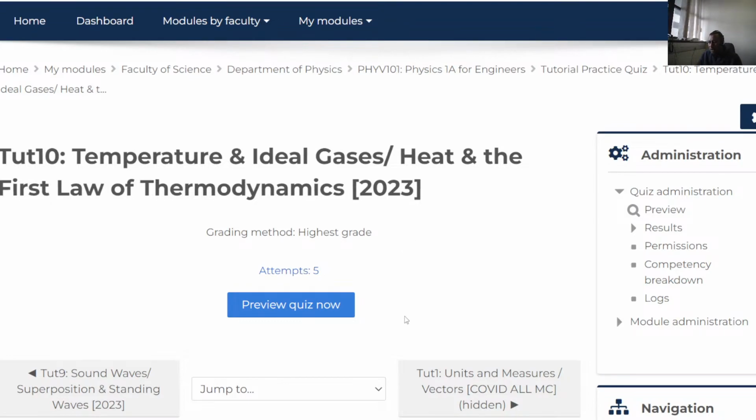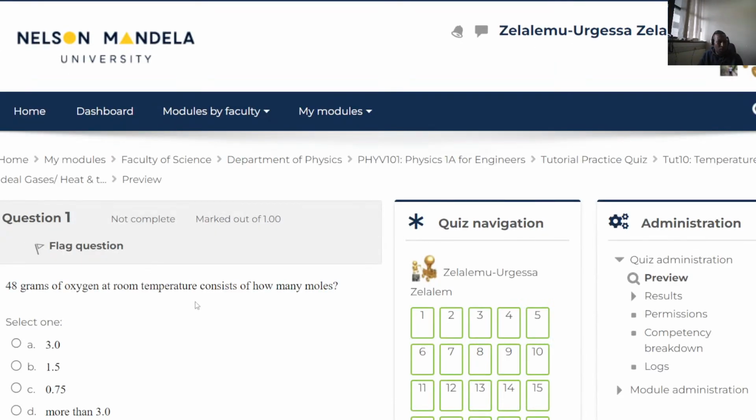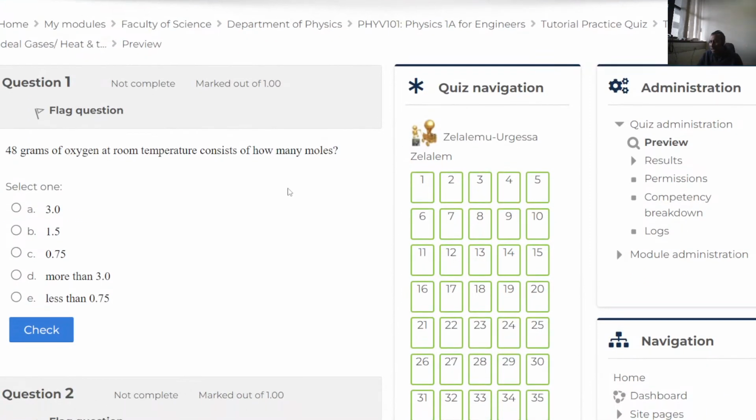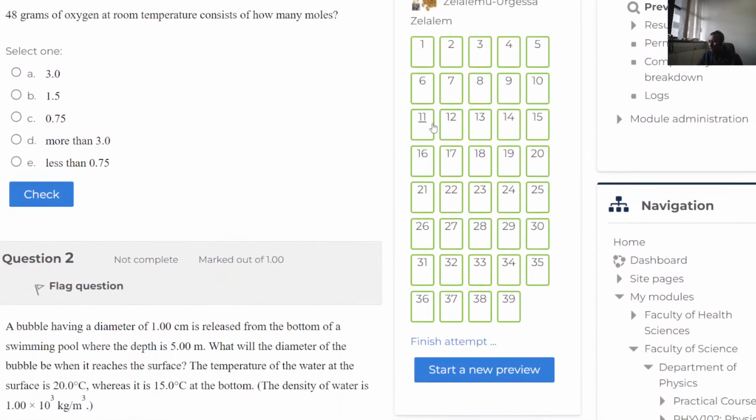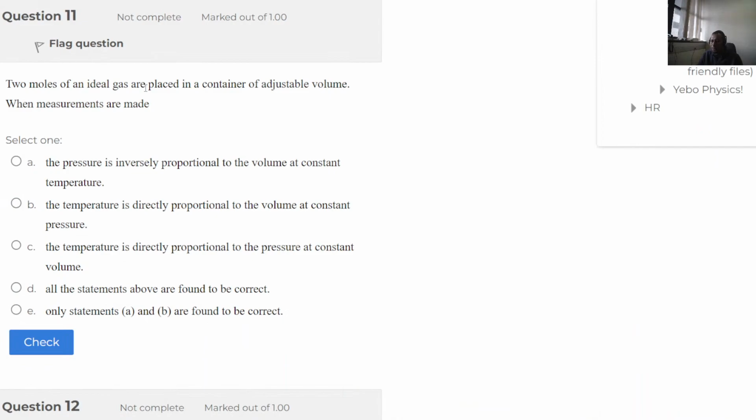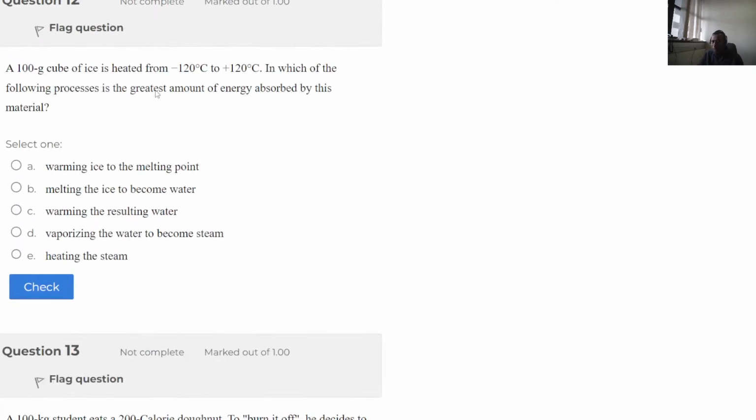But my worry is, as you can see here, there are only 5 students who have attempted this module. I would have anticipated that more students had attempted it, but it's not the case. Anyway, I'll be going into it, and the questions I'll be going through today are from question number 11 all the way to question number 20.